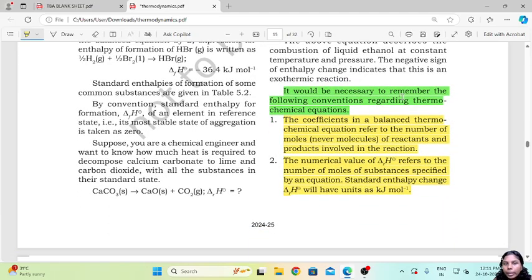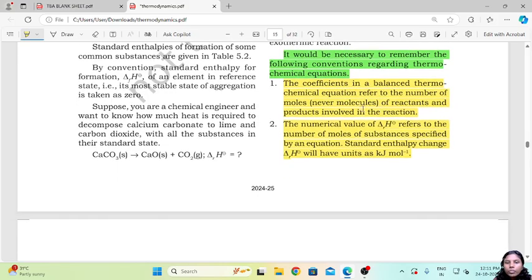Now for this thermochemical equation we have some necessary conventions to follow. First one is that the coefficients in a balanced thermochemical equation refer to the number of moles, not the molecules, of reactants and products involved in the reaction. Now when we are balancing a certain equation, we write some numbers right in front of the molecules that are present.